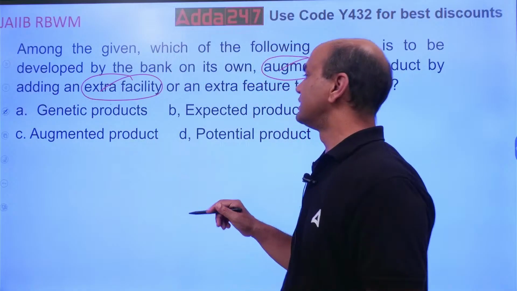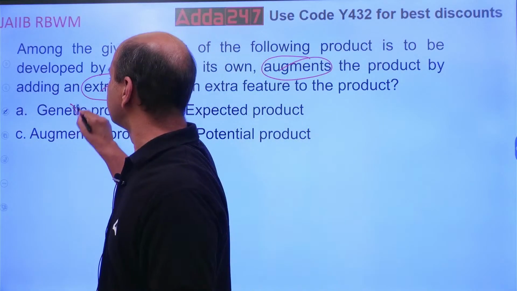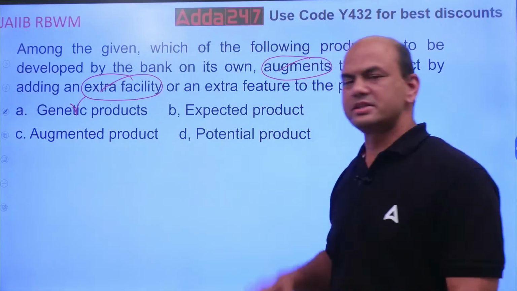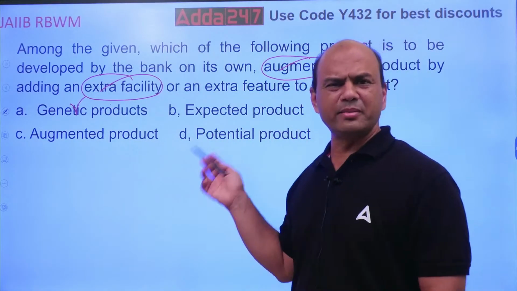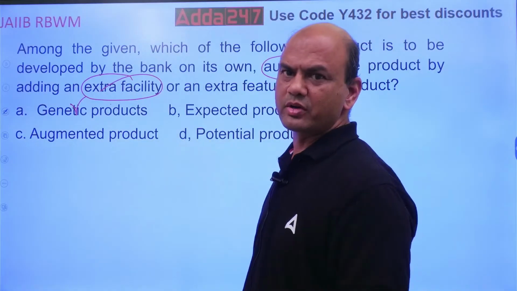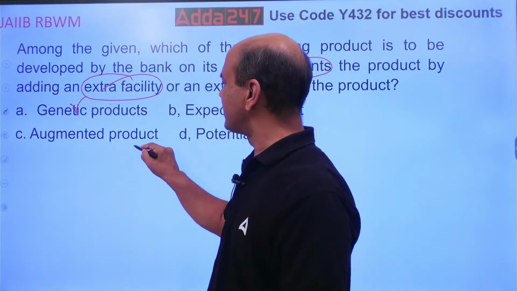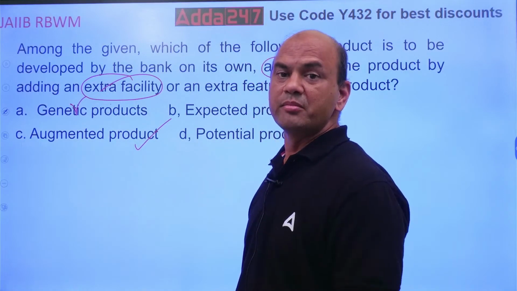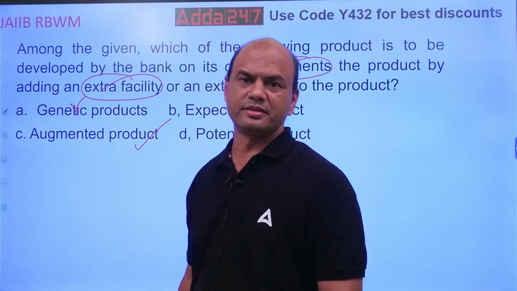It's generic actually, not genetic. Generic, expected, augmented and potential. Now by the name itself you will be able to judge, right? We are talking of augment, so it will be augmented. C answer. But you understand the meaning of this.